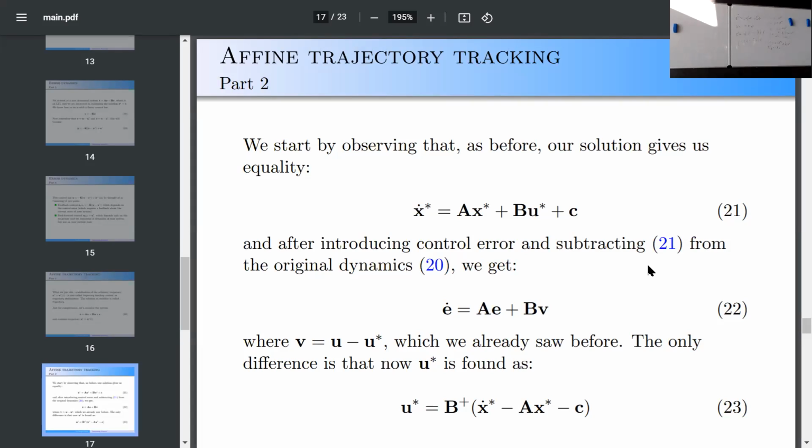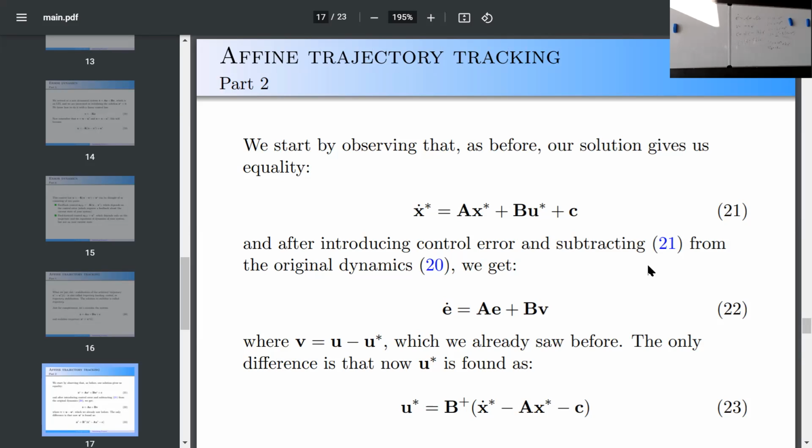Now, what can I do? I can subtract it from my original equation, equation 20, to get error dynamics exactly the way we had here. Is it clear that I can do this? I mean, x dot minus x dot star will give me e dot, right?